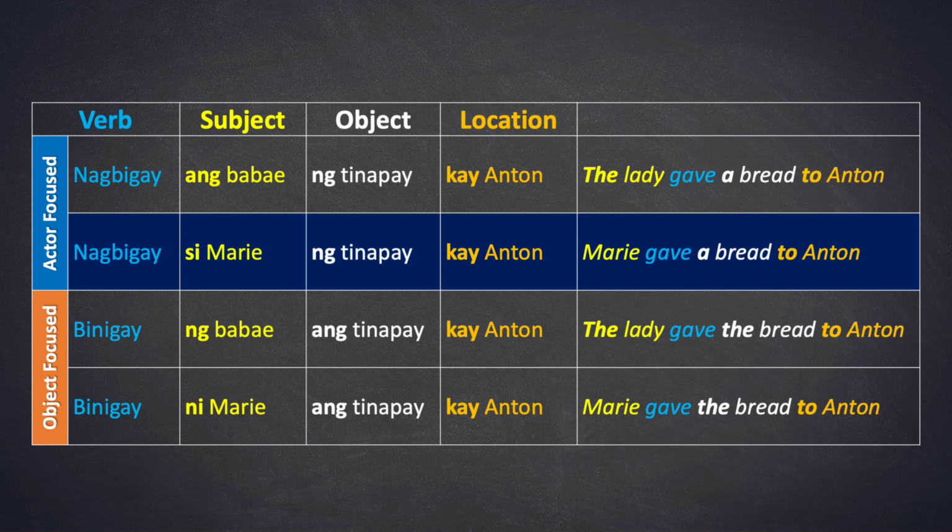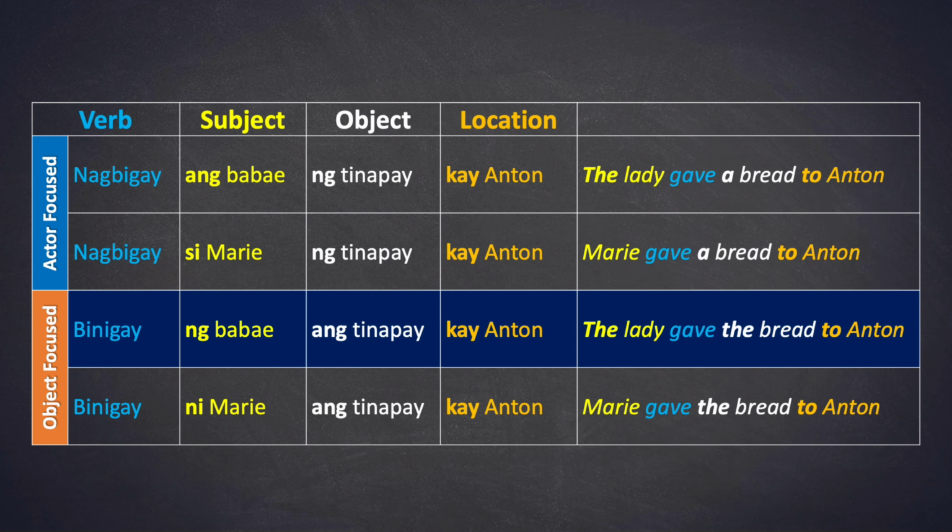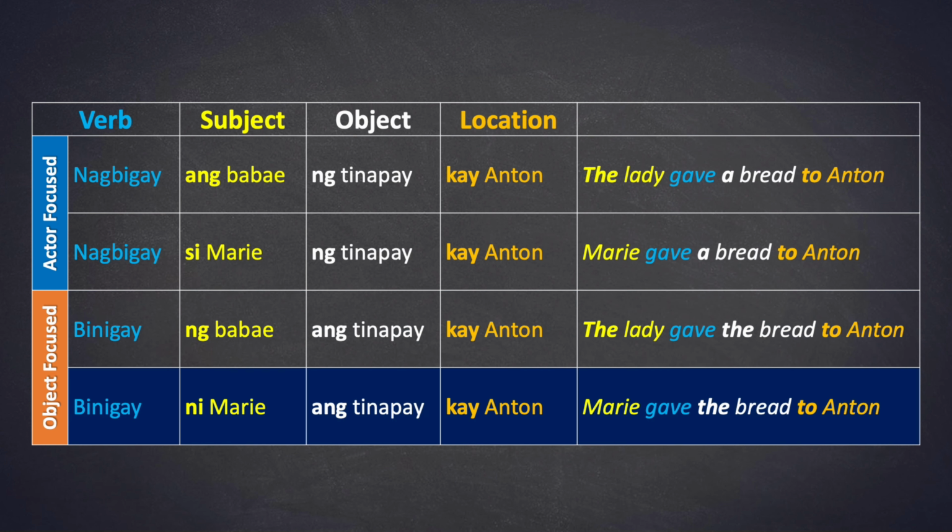Marie gave a bread to Anton. Binigay ng babae ang tinapay kay Anton. The lady gave the bread to Anton. Binigay ni Marie ang tinapay kay Anton. Marie gave the bread to Anton.